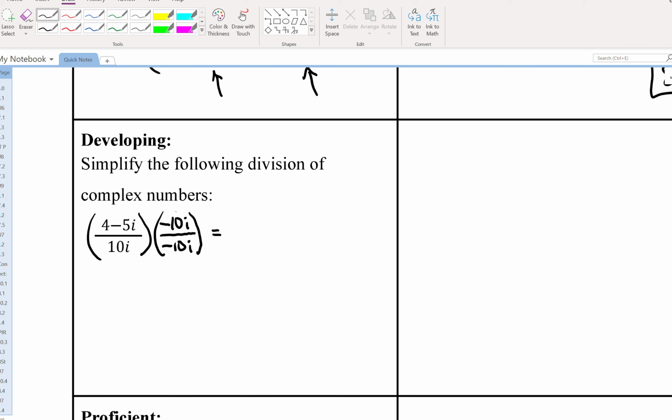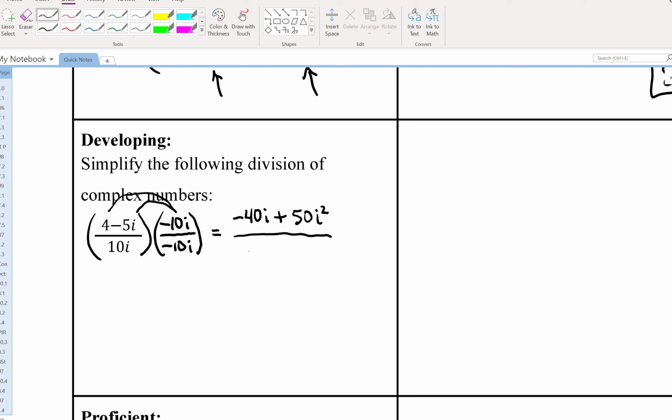So here, I'm going to distribute. Negative 10i times 4 would be negative 40i. And a negative 10i times a negative 5i, negative times negative is positive. 5 times 10, 50, and i times i is i squared. And then I've got 10i times a negative 10i.